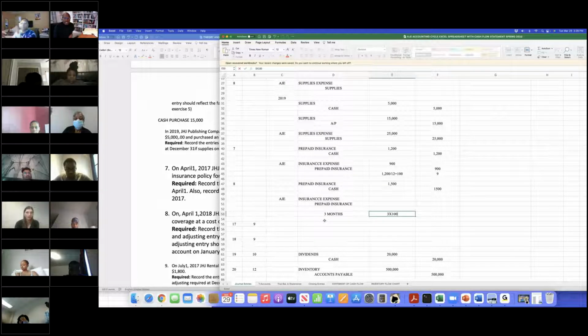Now for this next set, we got to do the same thing. We got to get the 1,500 and divide it by 12. So we divide 1,500 by 12. How much do we get?